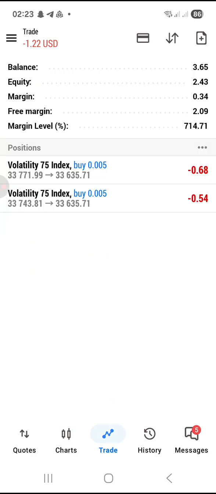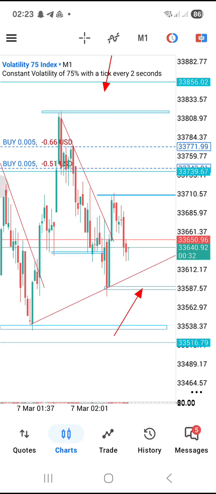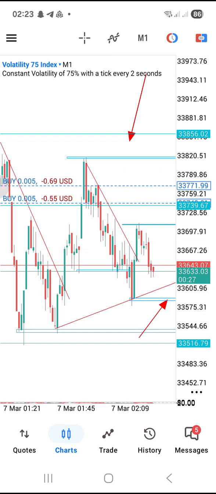We're still in drawdown. This psychology is not easy, really. Holding trades, because you don't just hold trades blindly, you know. You have to check the structure of the markets to see if there's hope for you. And then you check how far the drawdown will go.